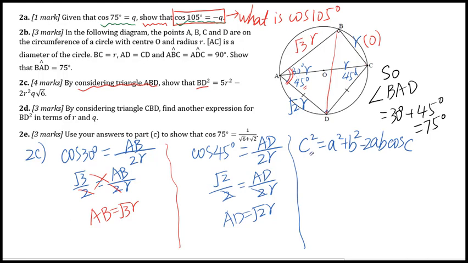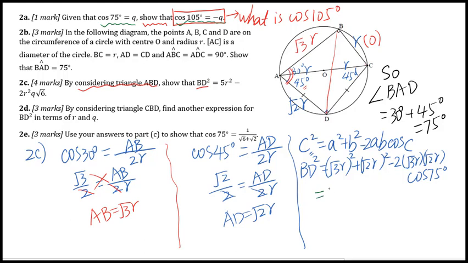BD is the side of c. So we have BD squared equals square root of 3r squared plus square root of 2r squared minus 2 times the square root of 3r times the square root of 2r, then cosine 75 degrees.